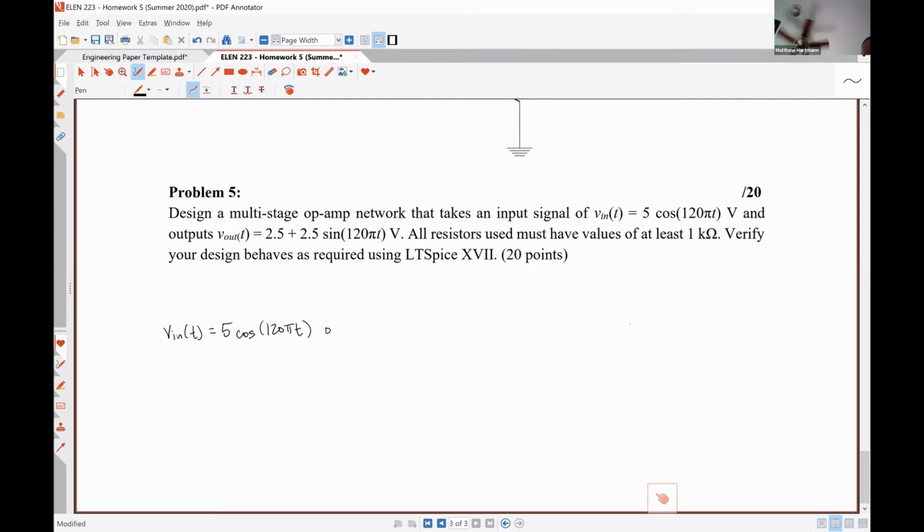And then our output signal is going to be over here, 2.5 plus 2.5 sine 120 pi t. So my question for you guys this morning is, how do we get from the signal we have on the left-hand side to the signal we get on the right-hand side?